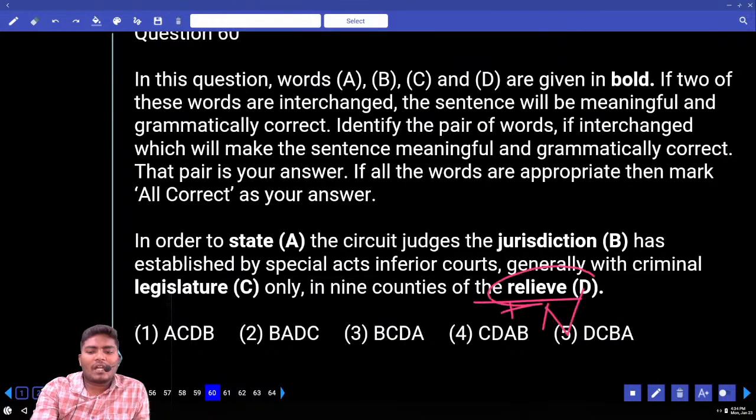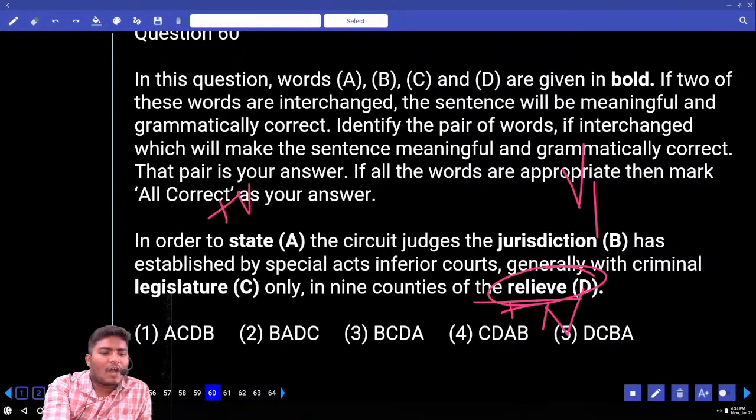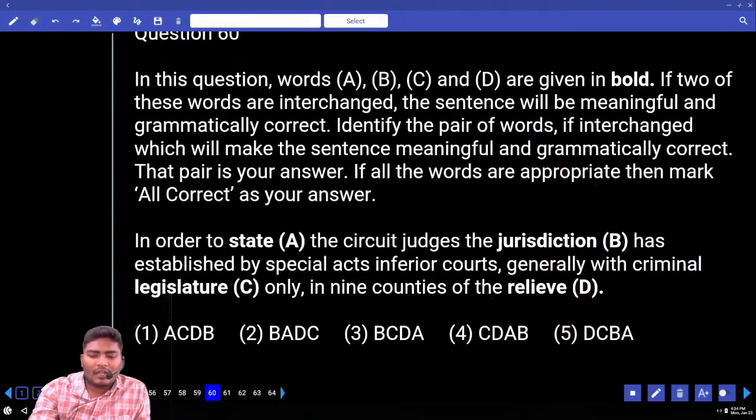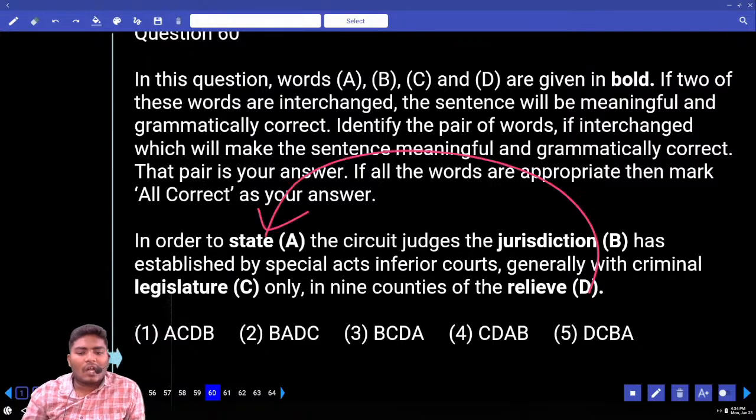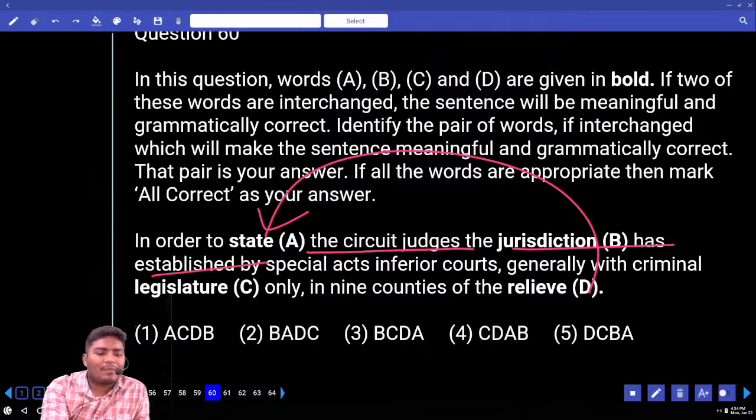A noun is needed. What is the relief's part of speech here? V1. Now, can you check any place where we can place V1? After to, what can we use here? V1. So once changed: in order to relieve the circuit judges, the jurisdiction has established, the legislature has established.